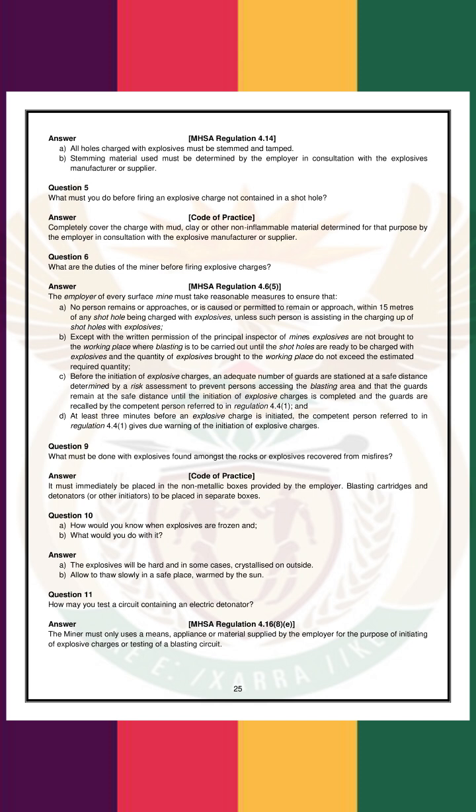The employer of every surface mine must take reasonable measures to ensure that A. No person remains or approaches, or is caused or permitted to remain or approach, within 15 meters of any shot hole being charged with explosives, unless such person is assisting in the charging up of shot holes with explosives.